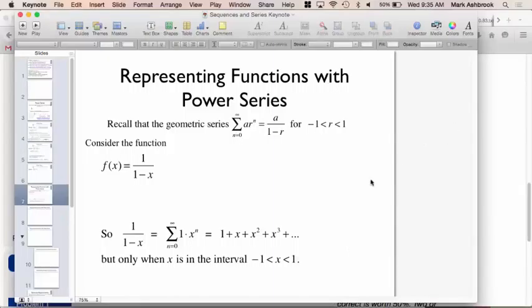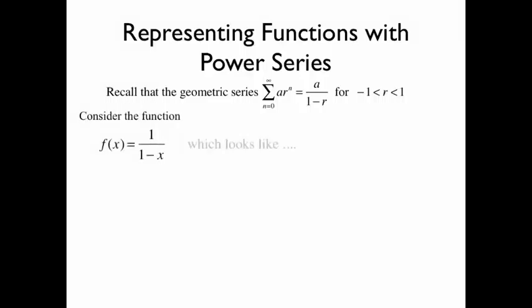But the ones we're going to work on to start with are just these ones that look like a over 1 minus r. So a very narrow class. Next week we'll be able to write any function as an infinite polynomial, but we just start with this very narrow class of functions that look like a over 1 minus r. Okay. Does that make sense?